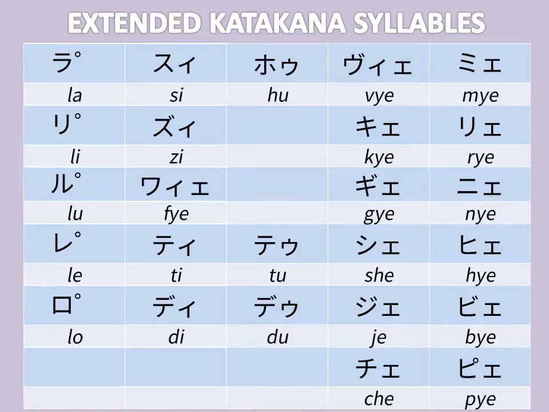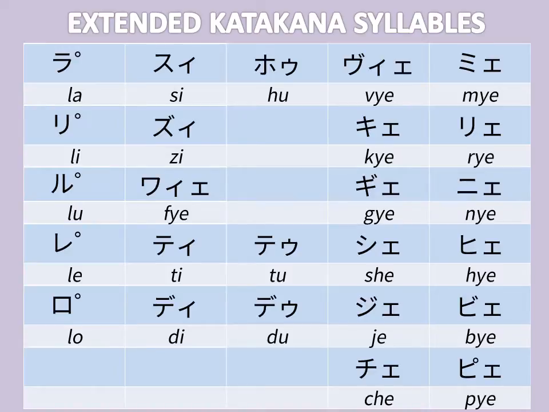We have fu, then small e and small a, converting them to fye. Then we have te with a small e, converting it to ti. And te with a dakuten is de, and de with a small e is di.